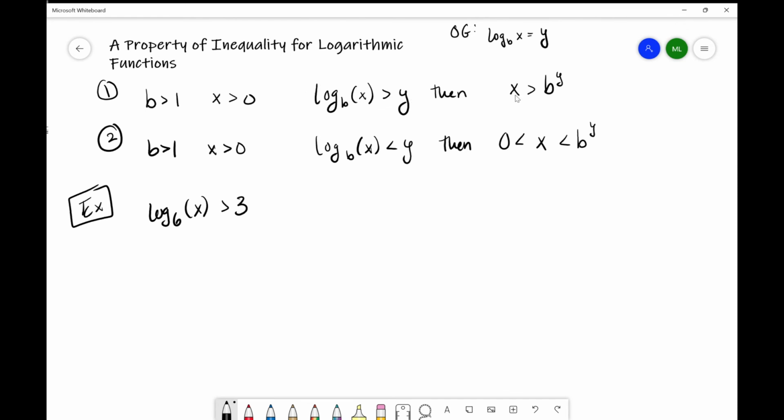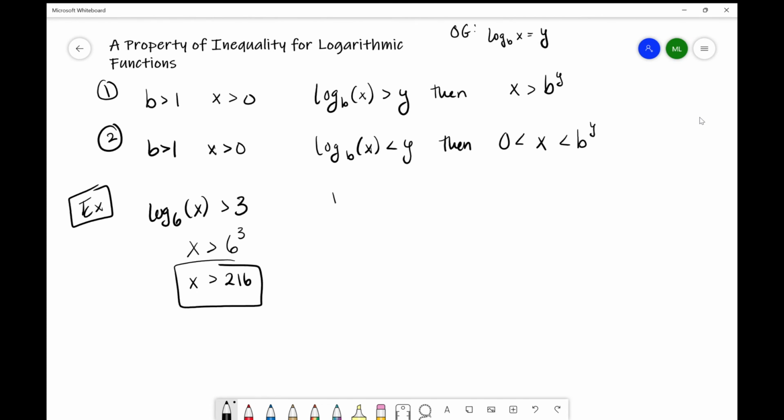Then I can conclude that x is greater than b to the power of y. So x is greater than my base, 6 to the power of 3. And 6 to the power of 3 is 216 when you solve it out, because 6 times 6 times 6, so x is greater than 216. And then you're done. You have solved this problem.